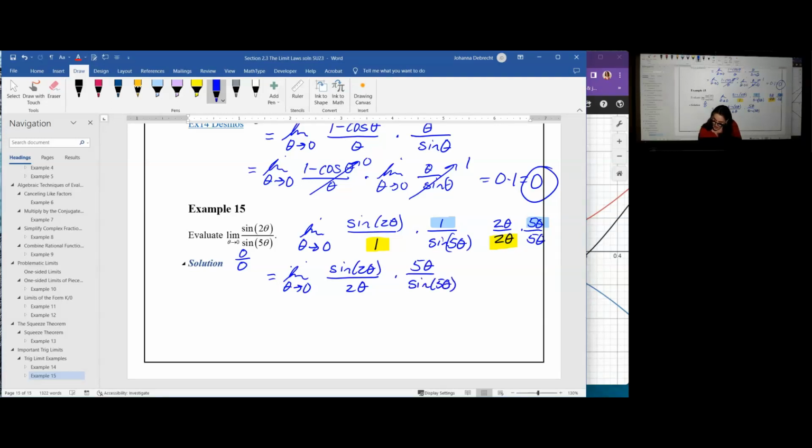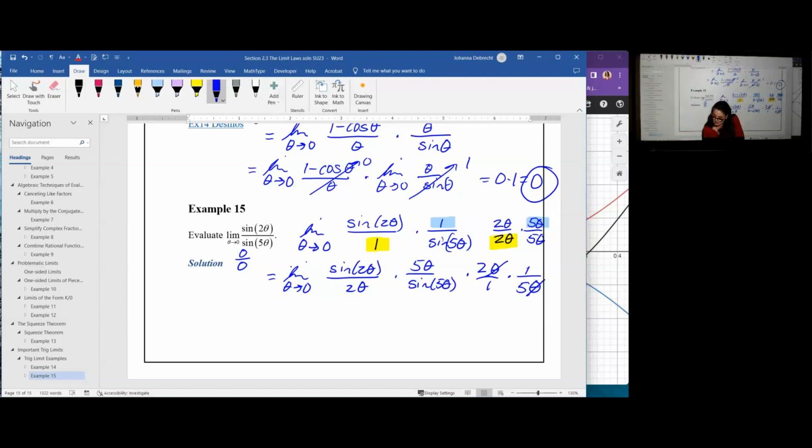But I still have a 2 theta and a 5 theta I didn't use. This needs to be in the denominator. Well, the thetas are going to cancel each other out, and I get 2/5. Well, 2/5 is a constant. I can pull that to the front. And then I can evaluate each limit individually.